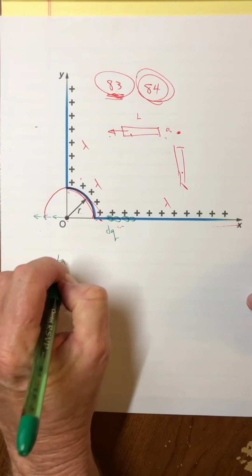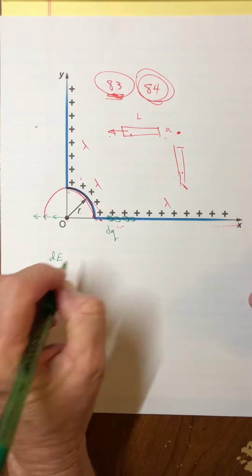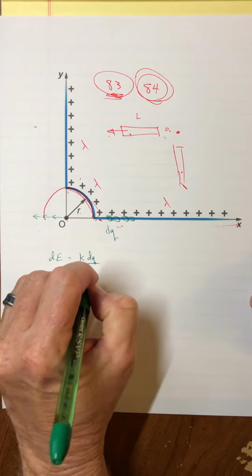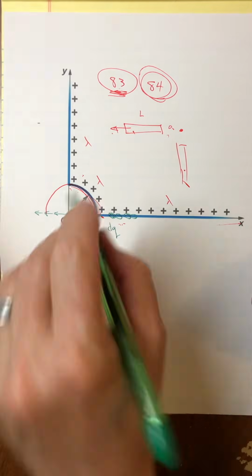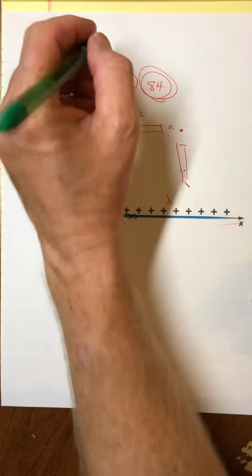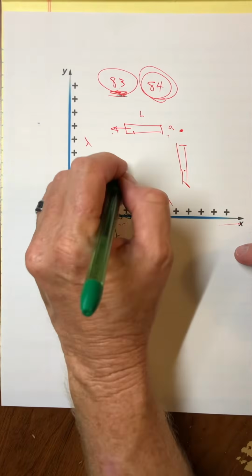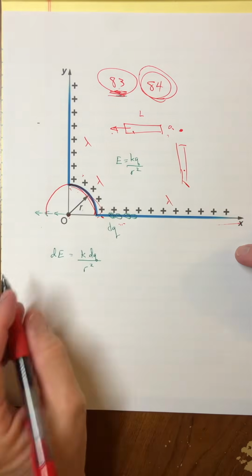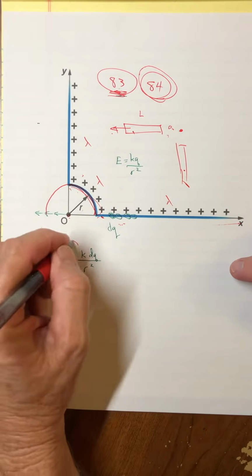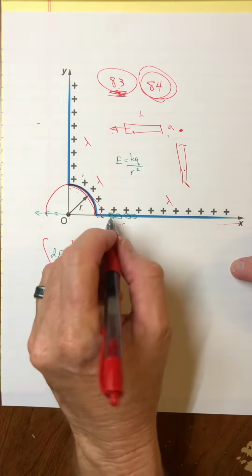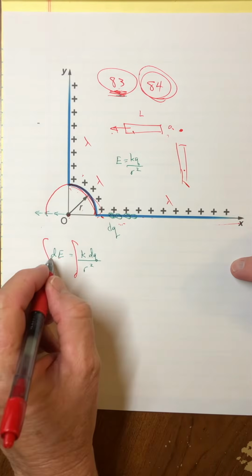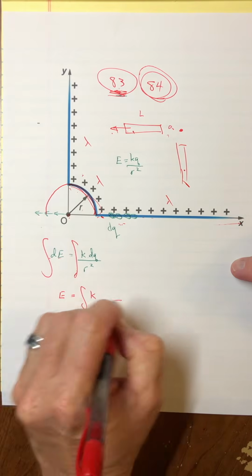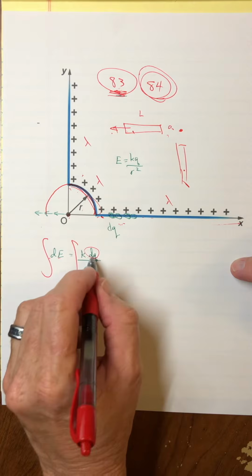So I would say a little bit of field, call it dE, is really made up of a little bit of charge. As hopefully you saw in 83, this is the equation for the electric field. Then if we add up all these little fields, the integral of dE is E. And then we can replace this dq.